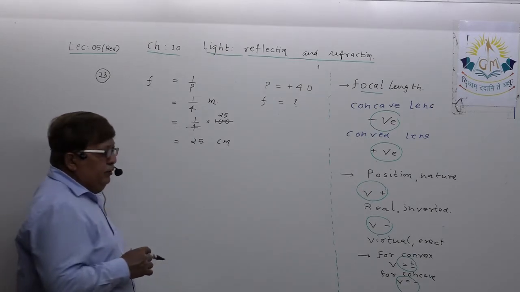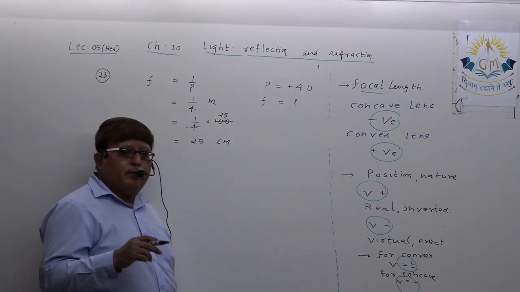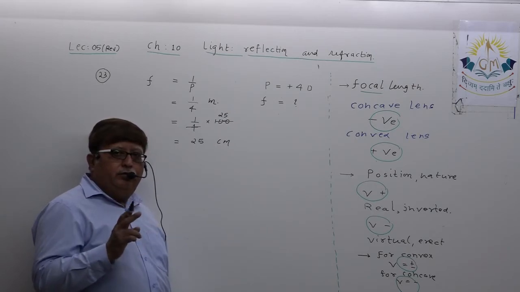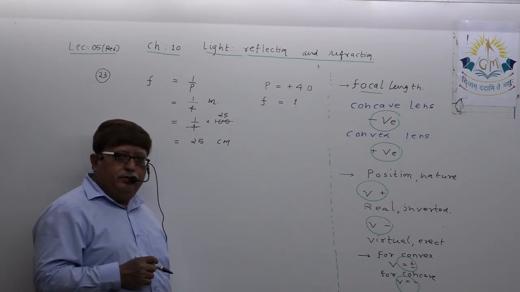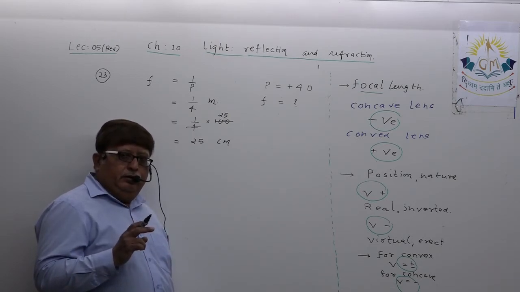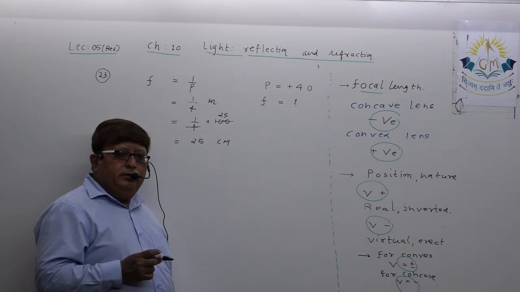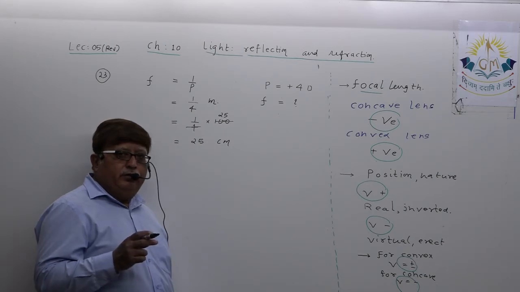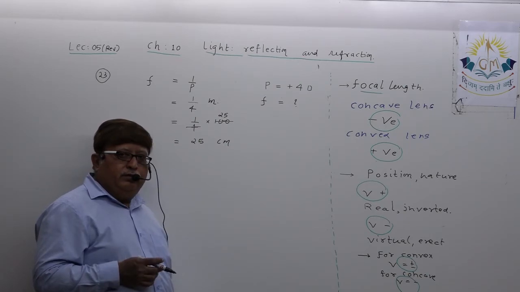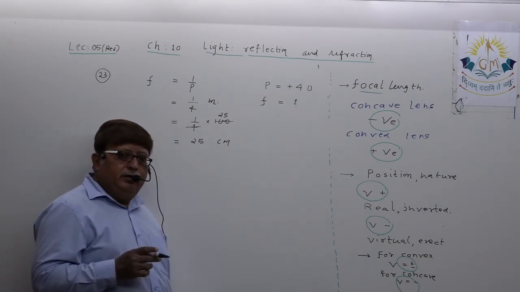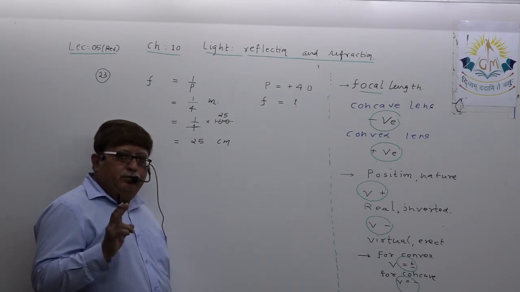Now, dear student, what is mentioned? Where should the object be placed to get a real inverted image of the same size? Again, all diagrams of the convex lens have to be fixed in your mind. Can you tell me where you will get the real inverted image of the same size?